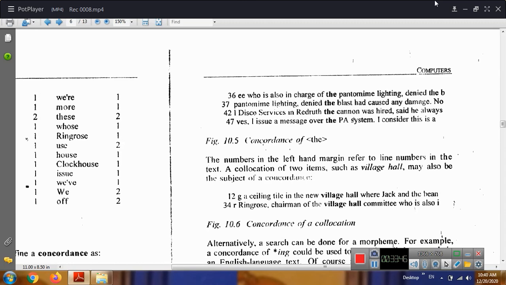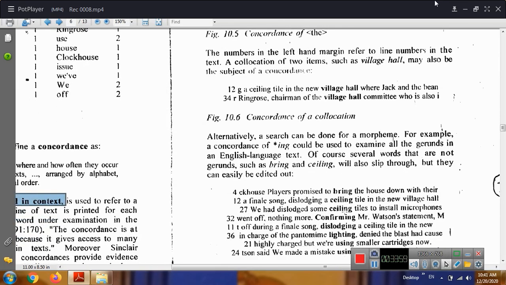A collocation of two items such as village hall may also be the subject of a concordance, which you can see here. Concordance of a collocation. By collocation we mean two words which come with each other everywhere.